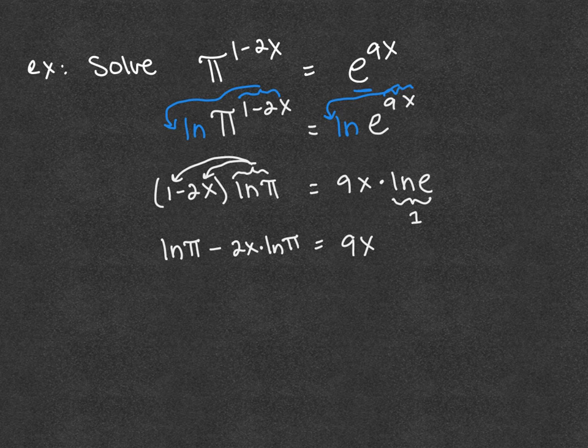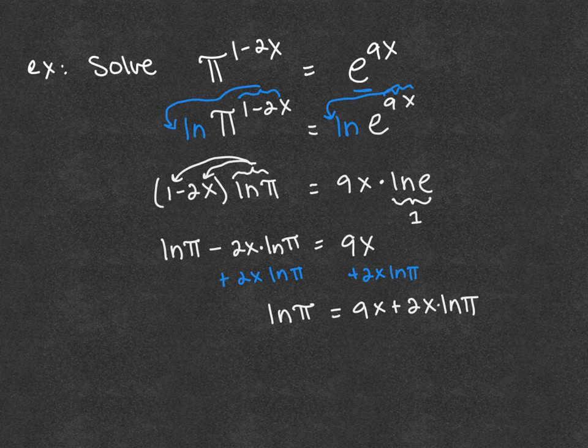Remember, my goal is to solve for x, and currently I have this expression with an x and this expression with an x. So let's go ahead and get them all on the same side by adding this whole thing over to the right-hand side. So anything with an x is on the right-hand side. So I'll have the natural log of pi is equal to 9x plus 2x times the natural log of pi.